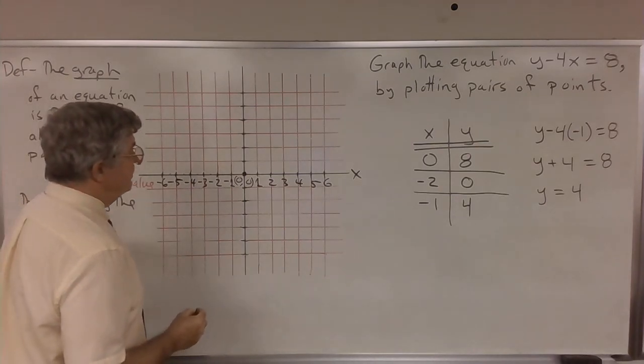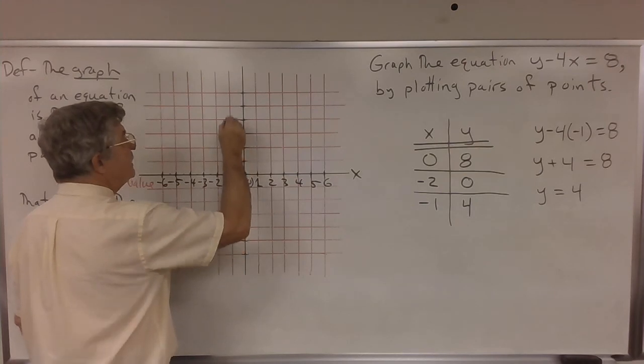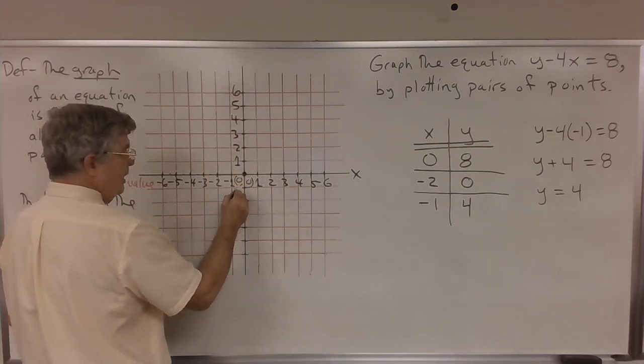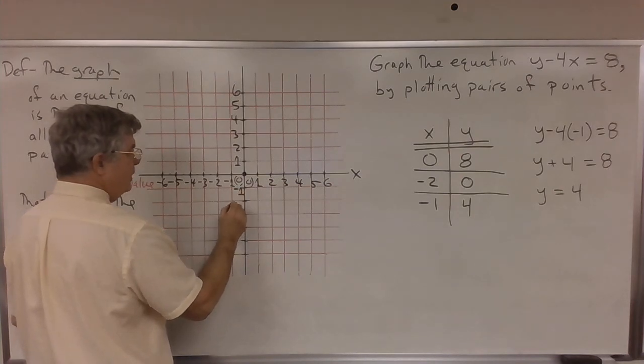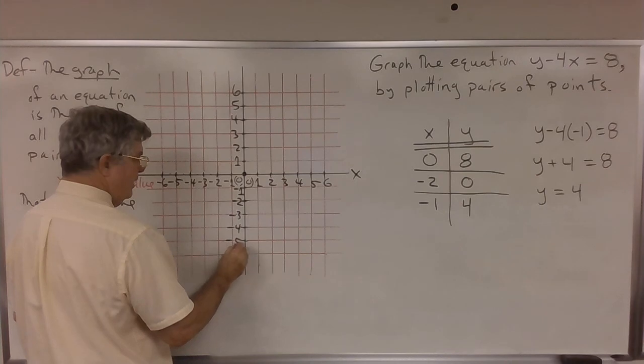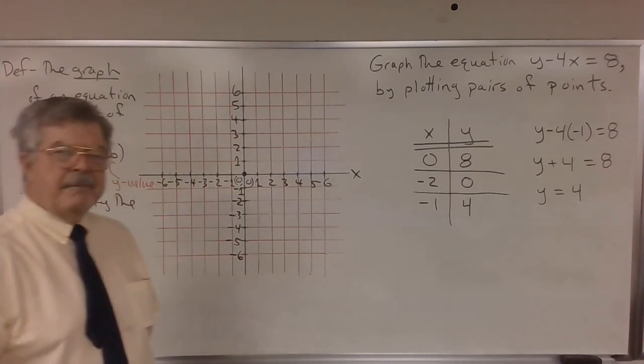Oh my goodness, I must be asleep on the job. Yeah, 1, 2, 3, 4, 5, 6, and this is y equal negative 1, negative 2, negative 3, negative 4, negative 5, negative 6.